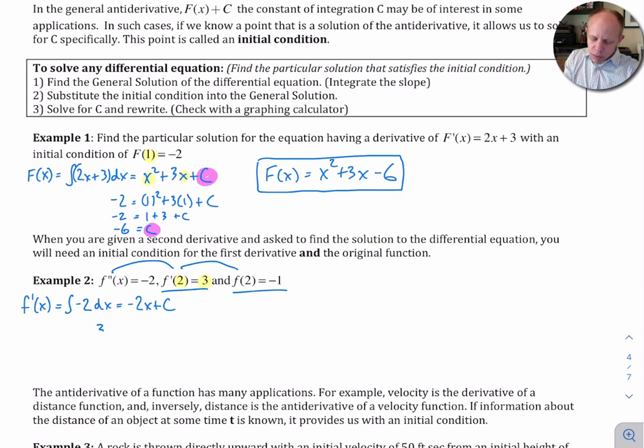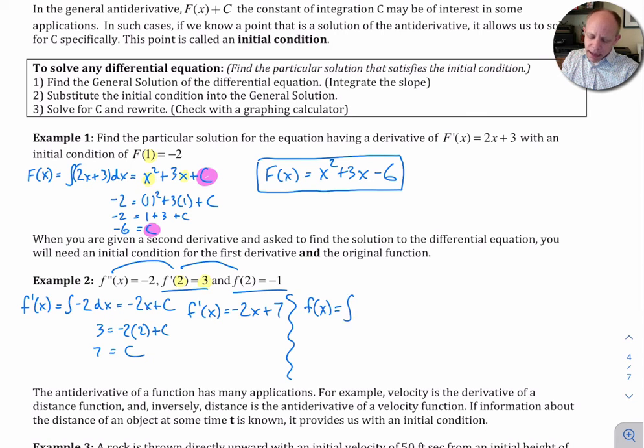All right, so 3 is going to be negative 2 times 2 plus c, and we'll add 4 over, get 7 equals c, and so f prime at x is going to equal negative 2x plus 7. But I want to get all the way over to the original function, f. So now f at x is going to be the antiderivative of f prime. So that's negative 2x plus 7.